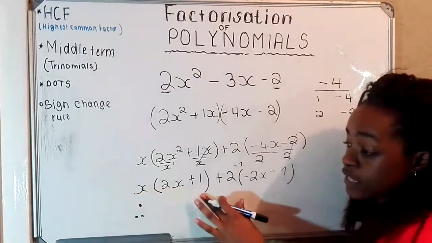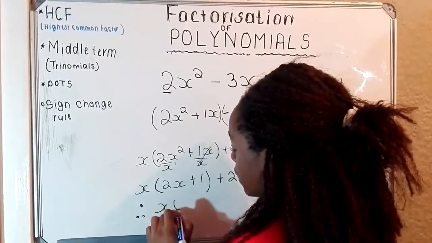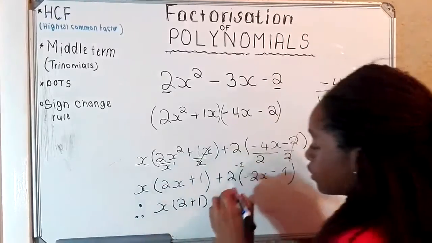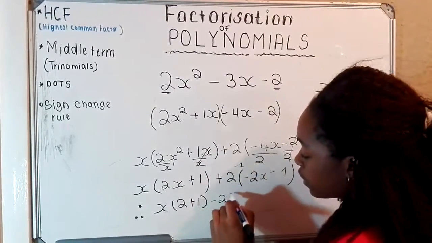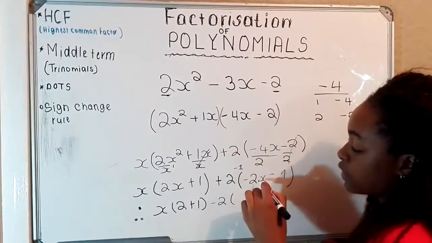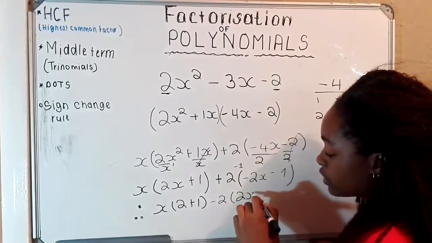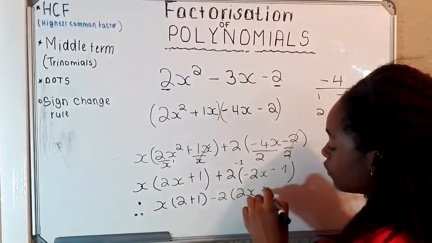So we'll leave this the way it is. So we'll leave x, plus 2x plus 1, and because we're multiplying by minus 1, this will become negative 2, and negative 1 times negative 2x is going to give you a positive answer, so it's going to be positive 2x, and negative 1 times negative 1 will give you positive 1.